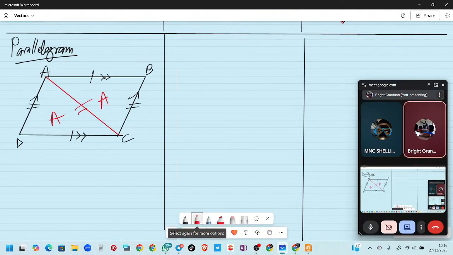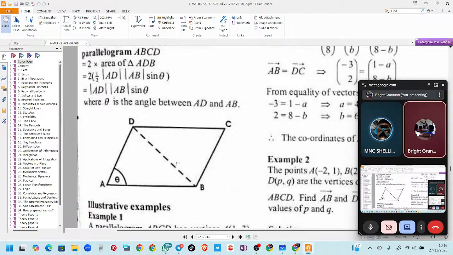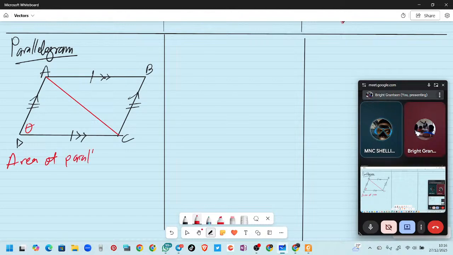Are we okay? Now, from our theorem of triangles, parallelograms too come along with their angles, right? So you can put an angle here. Let's say the angle here is theta. So the area of the parallelogram is going to be what?